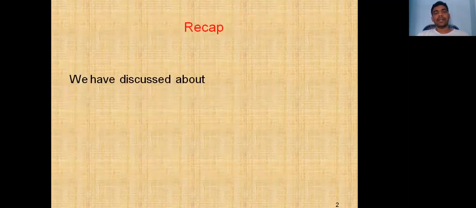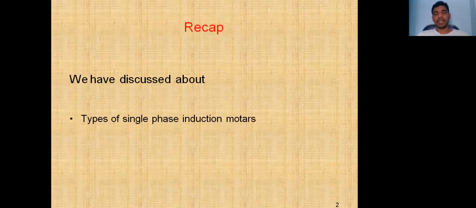These five types of motors we discussed in yesterday's class.